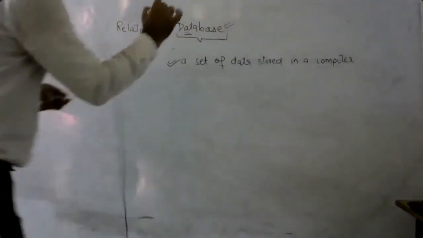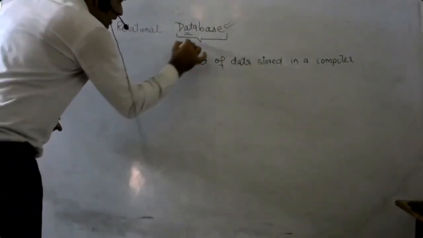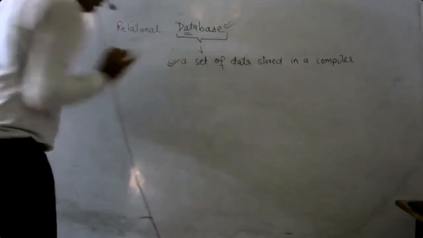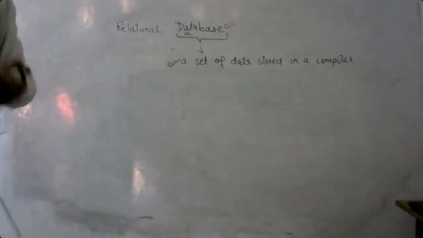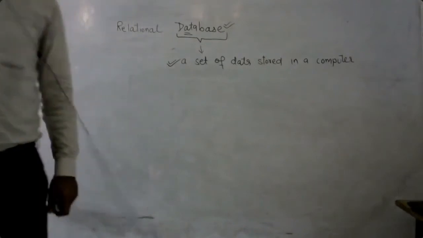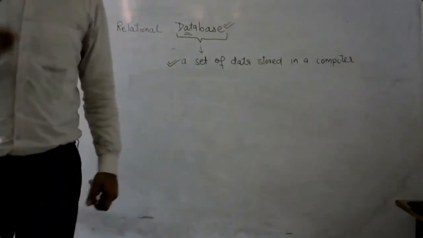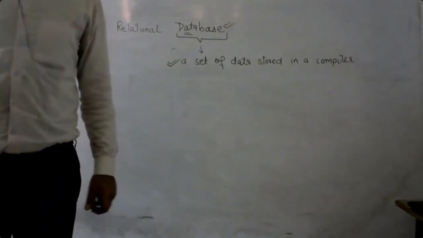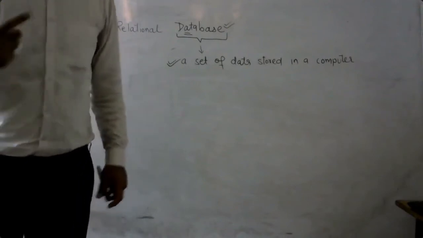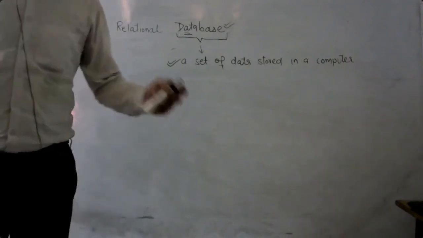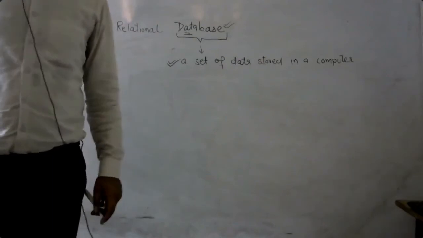What do we mean by a database? I told you an example. If we talk about Jaipur city, the Rajasthan University, or the Rajasthan Technical University, there are so many students studying under this university.